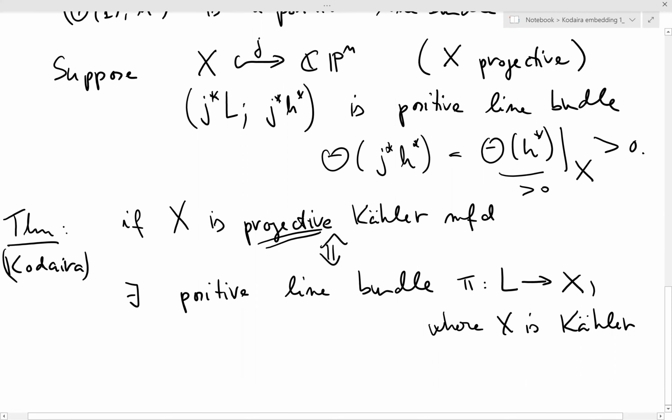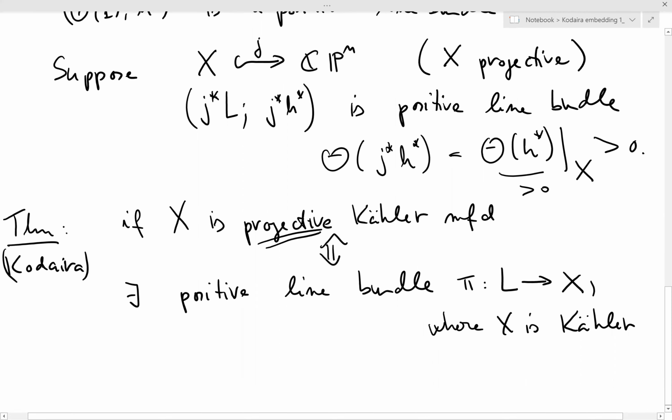Okay, so this direction is the easy direction. And for the reverse direction, what we know is we have a complex manifold with a positive line bundle on it.